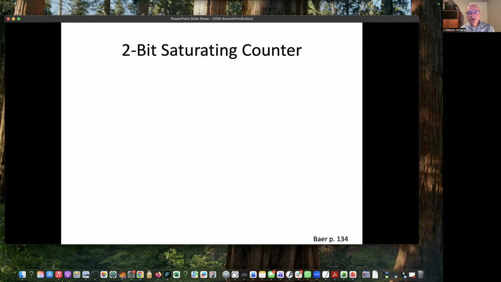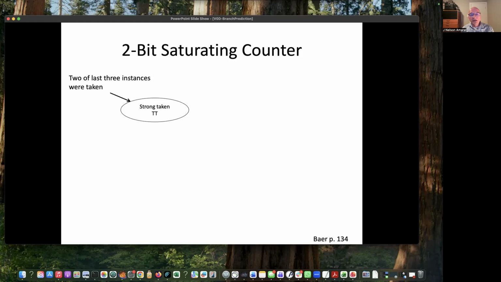So we're going to use this 2-bit saturating counter to make our prediction. And with 2 bits, I have 4 states. So I'm going to have a finite state machine that has 4 states. The first state that we are looking at in this slide is the strong taken state. So this means that I have a strong belief that the branch that I'm predicting should be taken.